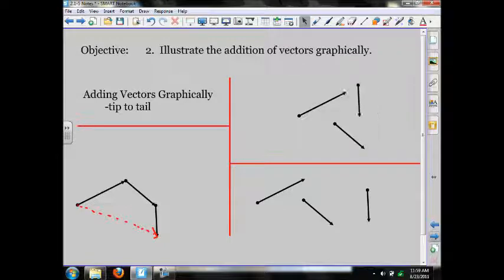So I start with this one, maybe. Same magnitude, different direction. Any other ideas? Everybody agree? Might be exactly the same.